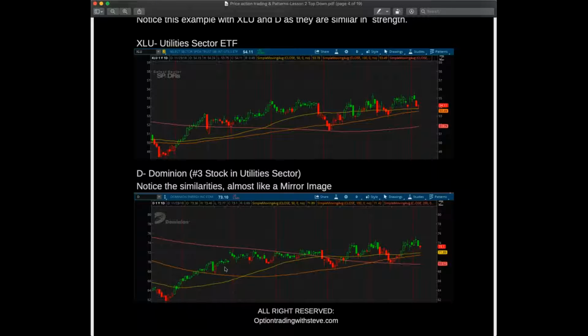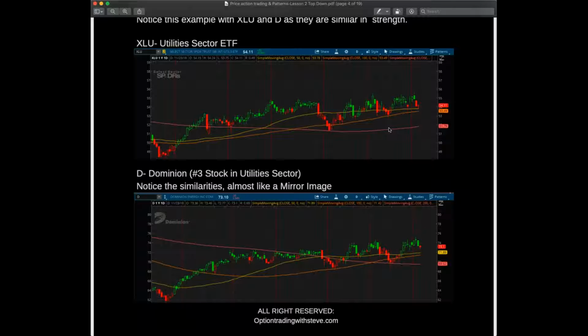This stock price and this stock price are almost identical. There are certain movements Dominion has that XLU doesn't. Like here, Dominion dropped lower to its 200-day and then popped back up, whereas XLU never got close to its 200-day here. So you're going to see similarities between your sector ETF and your stock price.